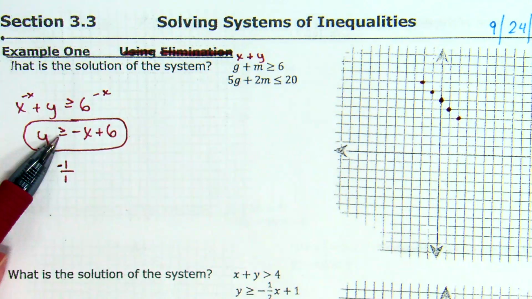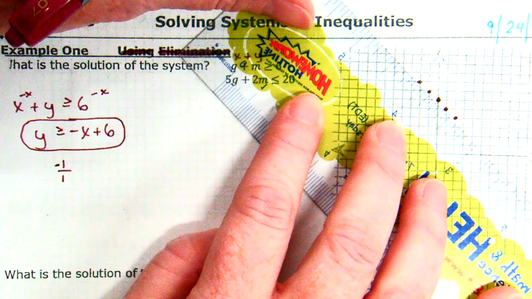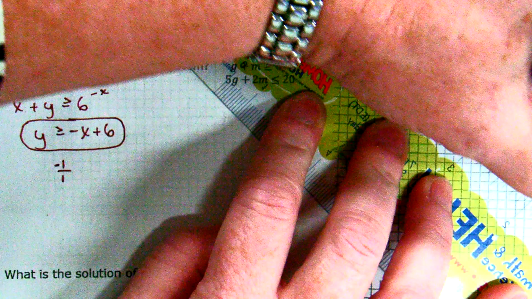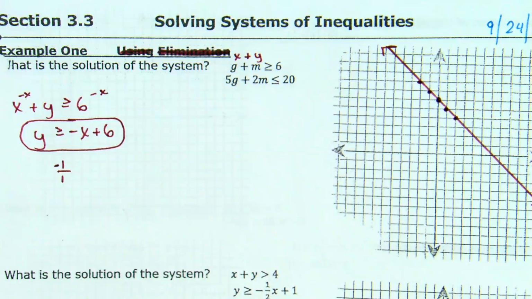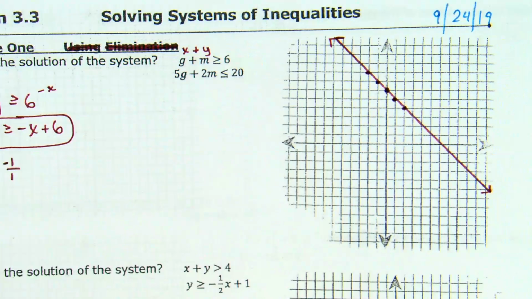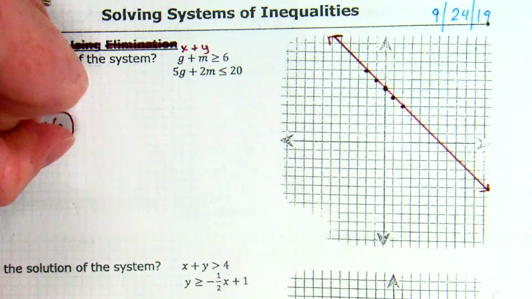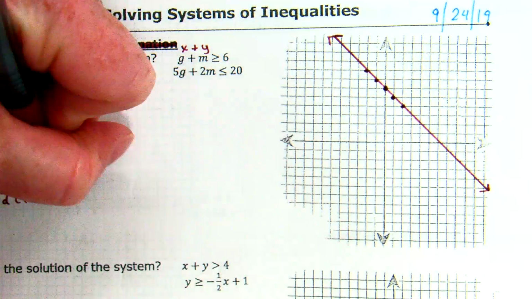When it says equal to, do you remember? Equal to tells me it's a solid line. I do ask that when you graph lines, make them the length of the graph. Don't make a real short line with graph left over. So this is a solid line, and that's because of the equal to.